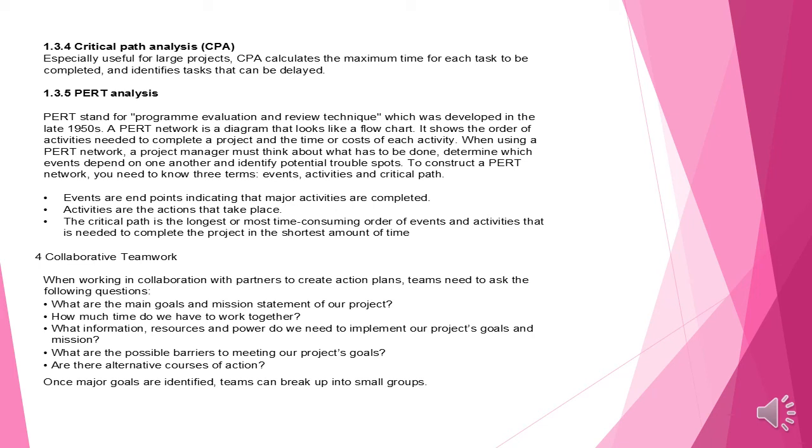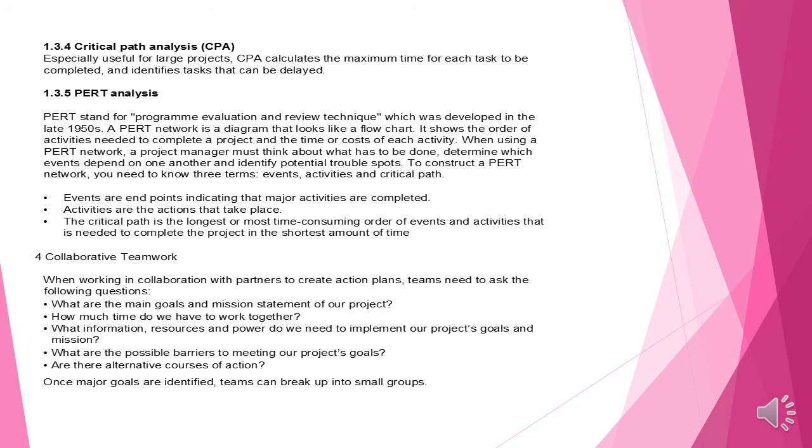Then we have collaborative teamwork. When working in collaboration with partners to create action plans, teams need to ask the following questions. What are the main goals and mission statement of our project? How much time do we have to work together? What information, resources, and power do we need to implement our project's goals and mission?